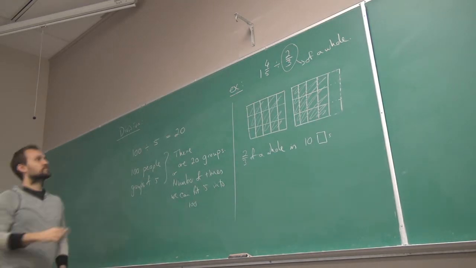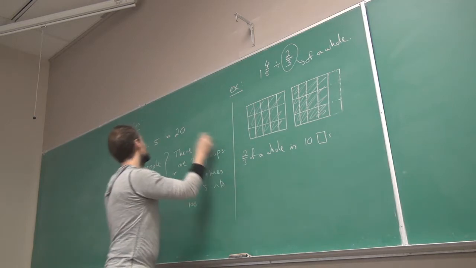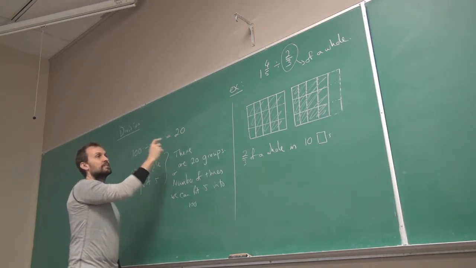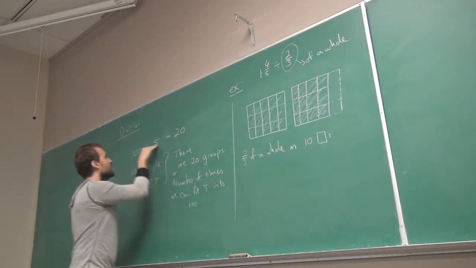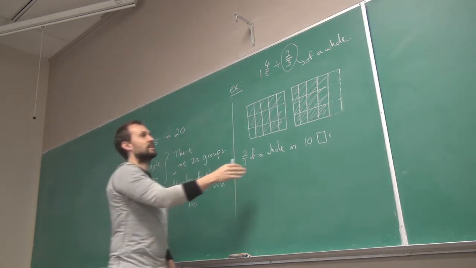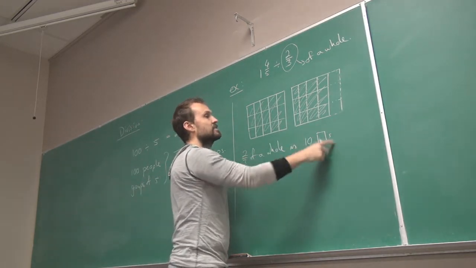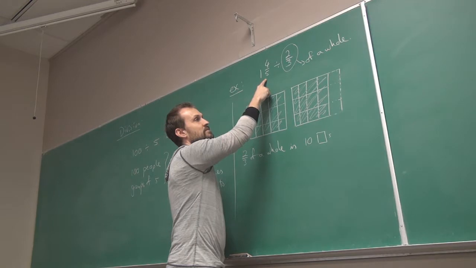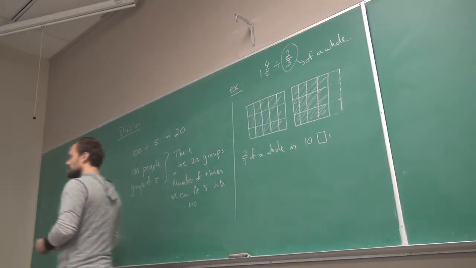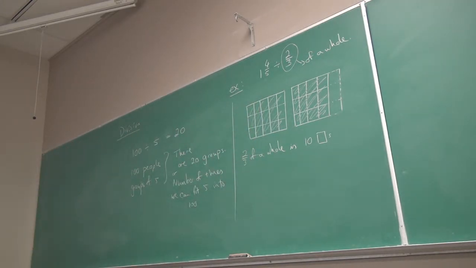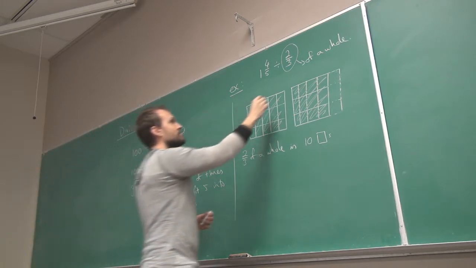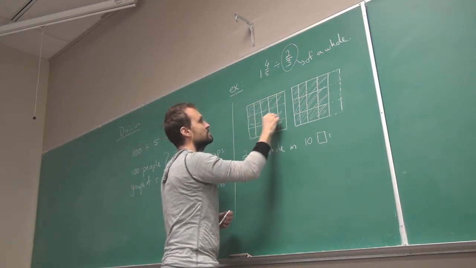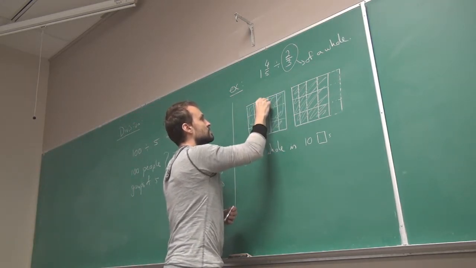Now I'm trying to see, okay, so this is my group size. This is my 5. How many times can I fit 5 into 100? How many times can I fit 10 of these squares into what I have? So let's use a color, blue. So I can fit it in once there, once.